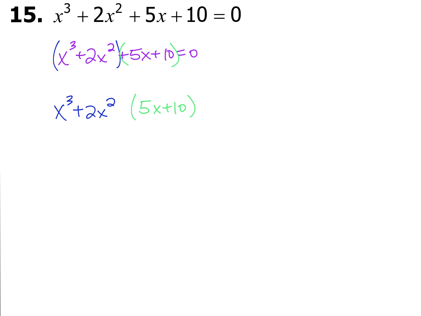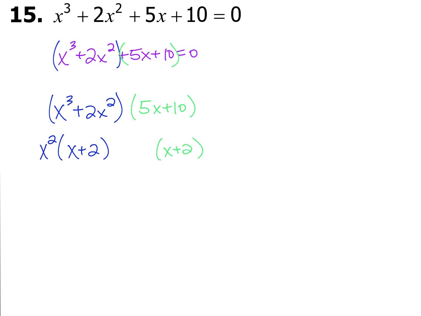Remember, whenever we have these groupings and we take out our greatest common factor, the inside of the parentheses should look the same on both sides. So when I take out the greatest common factor in the blue group, I take out an x squared, and I am left with x plus 2. So from what I just stated, the parentheses on the green group should also be x plus 2.